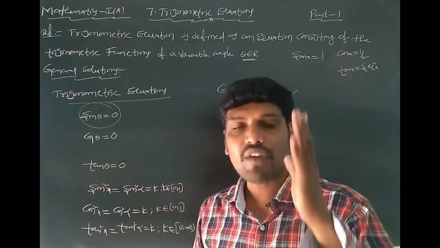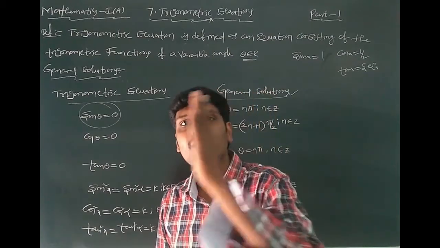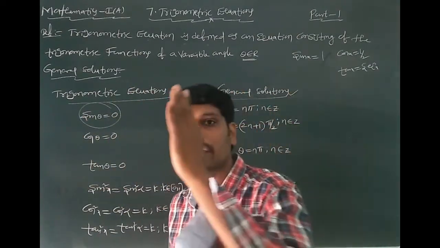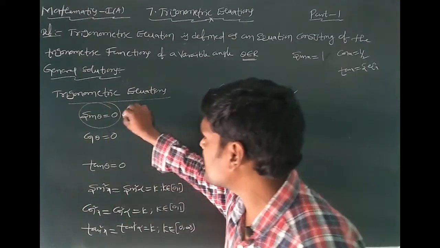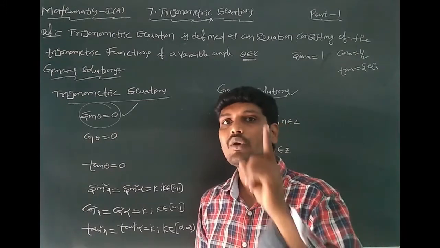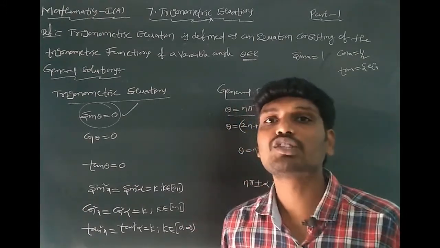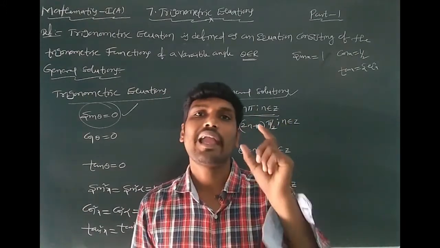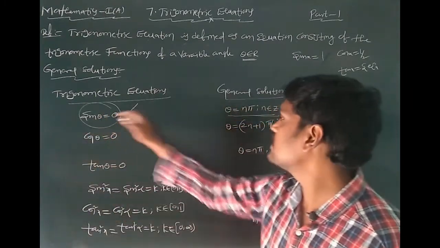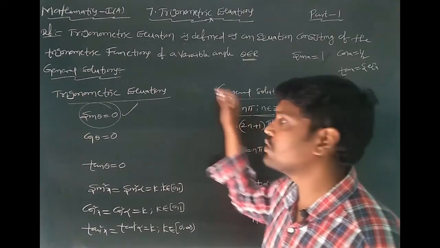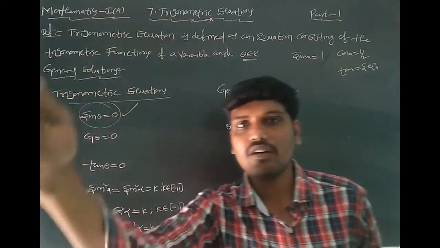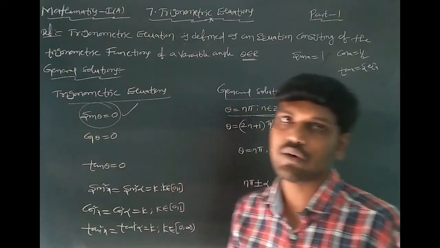For that form, the general solution is theta equal to n pi. Here n belongs to Z, the integers, so you can write any integer value. This theta equal to n pi satisfies sin theta equal to 0. If sin theta equal to 0, the general solution is theta equal to n pi.